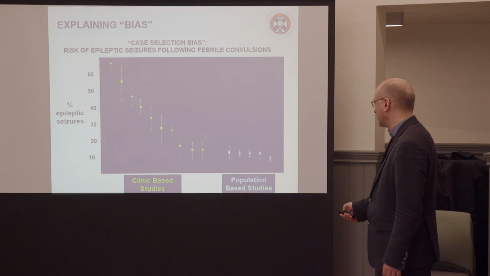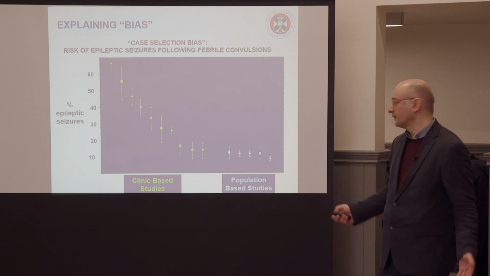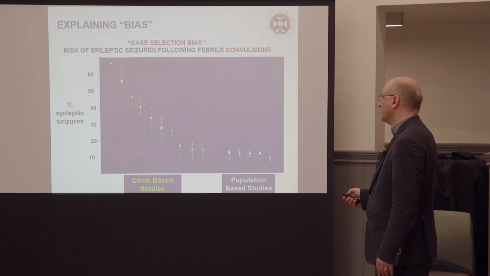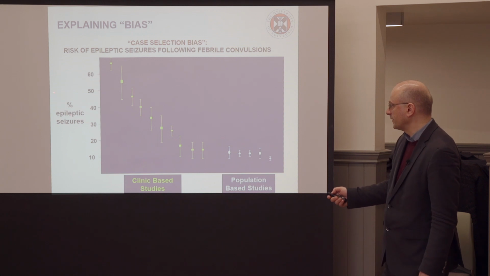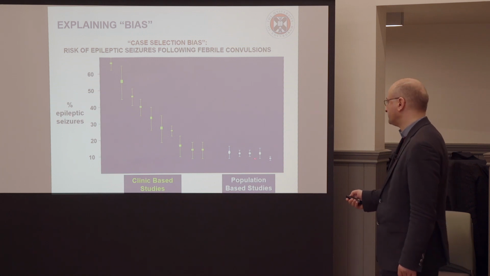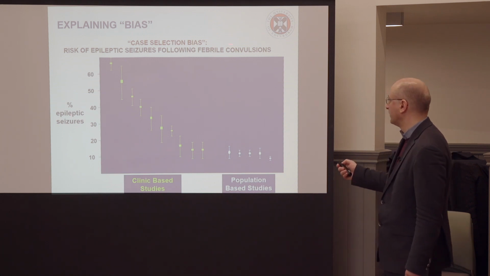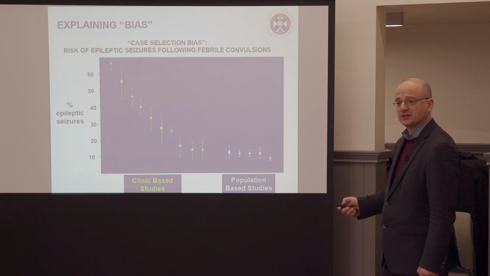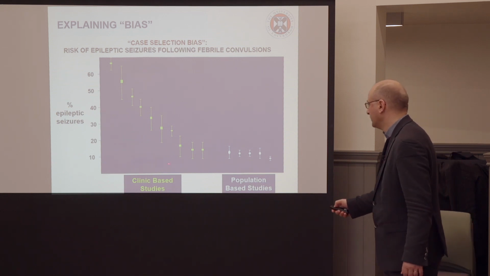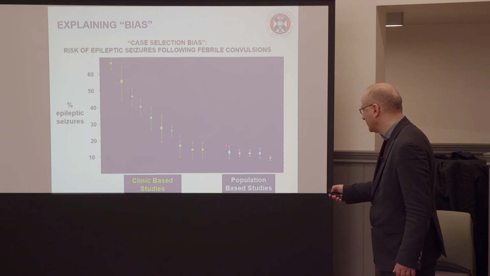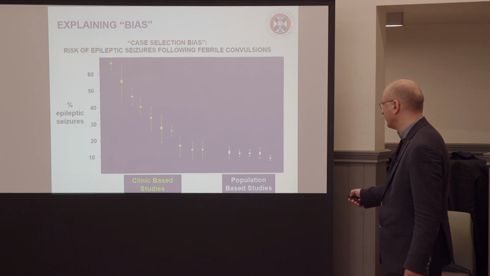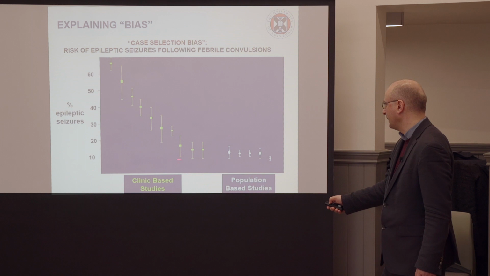What was found in population-based studies that were done in the community? Look at this. Proportion of epileptic seizures in kids who develop febrile convulsions. Population-based studies with very narrow confidence intervals are saying it's about 11%.